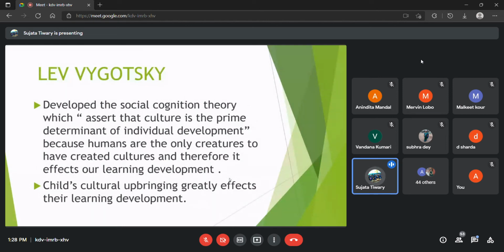He talked about social development. He said that children learn in society when they interact with the people, with the peer group, at home with their parents, with their relatives, in society, in the classroom with the teachers, and with other students.